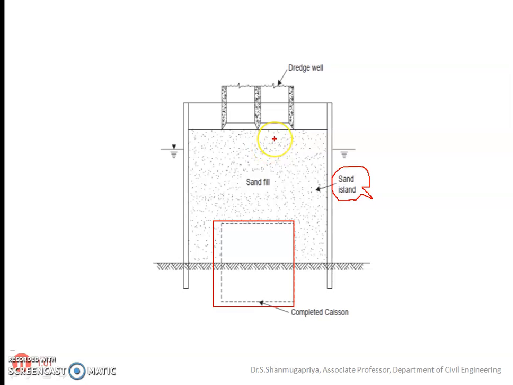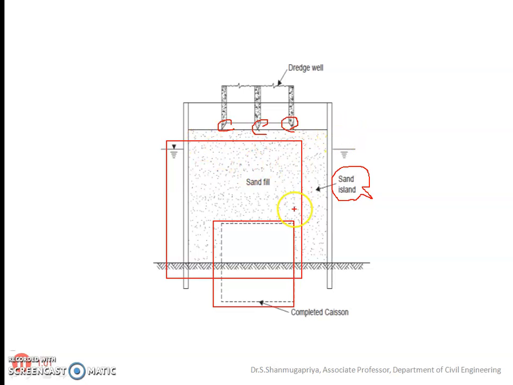These open caissons are provided with cutting edges at the bottom, and this facilitates the sinking process. In the artificial island method, the first step is to make an artificial island of sand. As you can see here, all these dots represent the artificial island of sand.